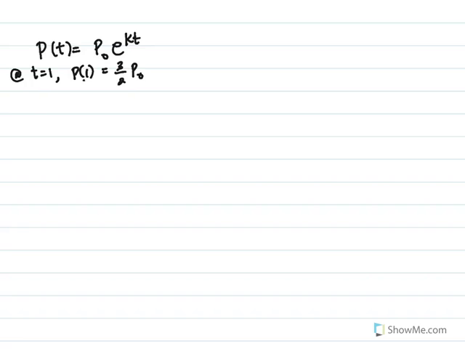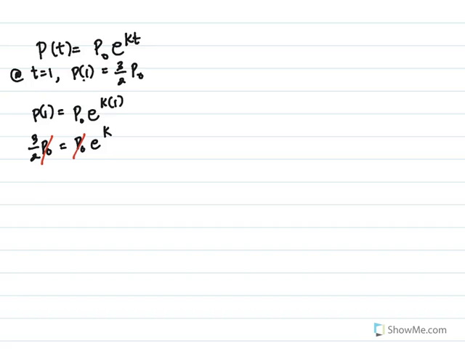So if we impose this, we will have P of 1 equal to P sub 0 e raised to k times 1. But P of 1 is 3 halves of P naught, which is equal to P naught e to the k. So magka-cancel ngayon yung P sub 0 on both sides.